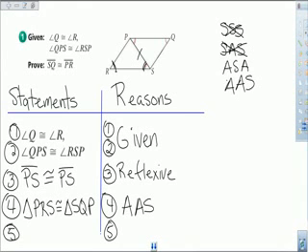Okay, so first we'll write the given, and I'm just going to take a picture of that. And so we'll call this 1, call this 2. And how do I know that? Given.